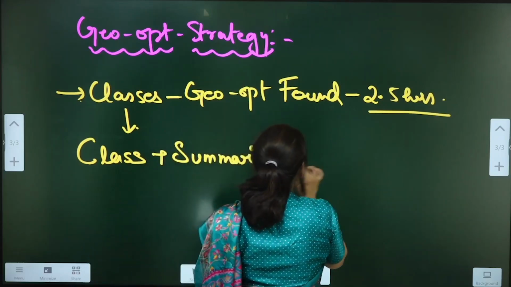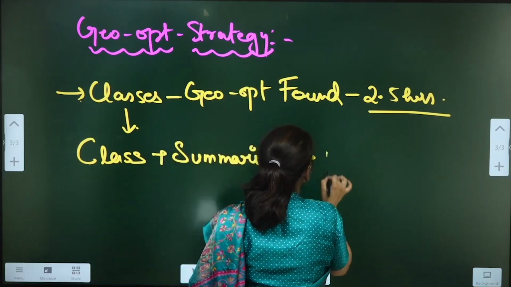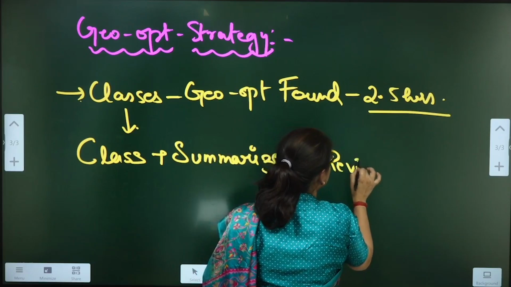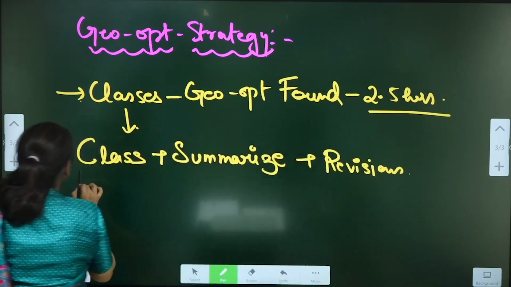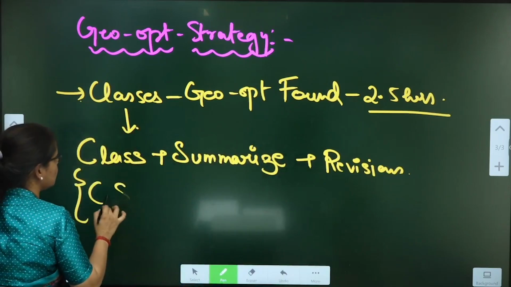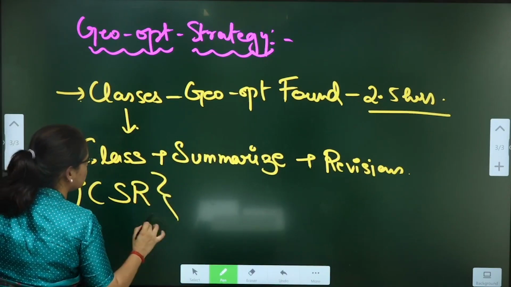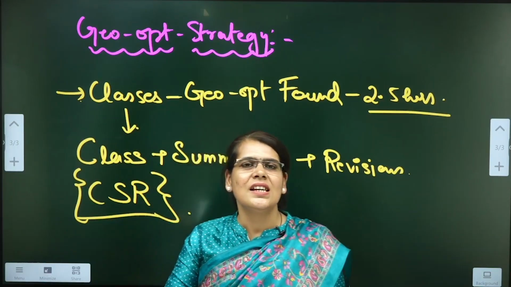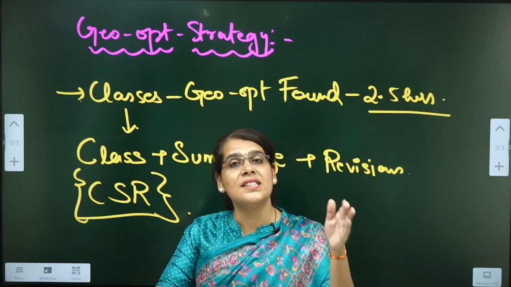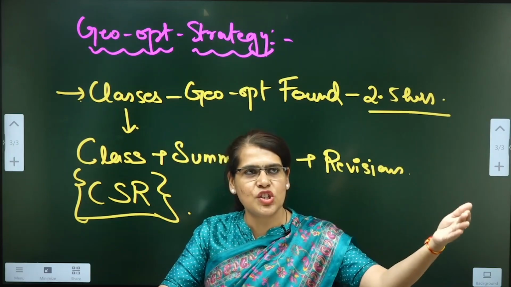Okay. And along with that, you will be doing the revisions. So basically on a daily basis, there are three things that you will be doing. That is classes, summarizations, and revisions.